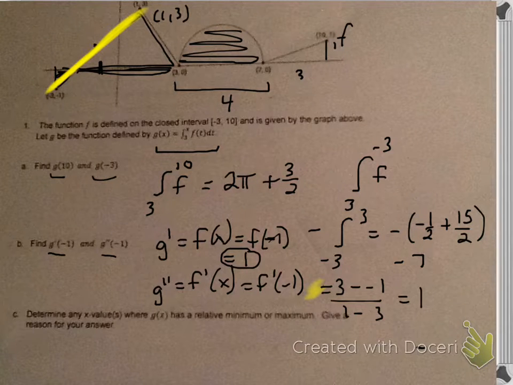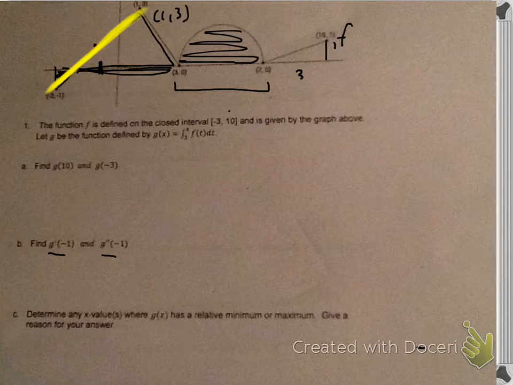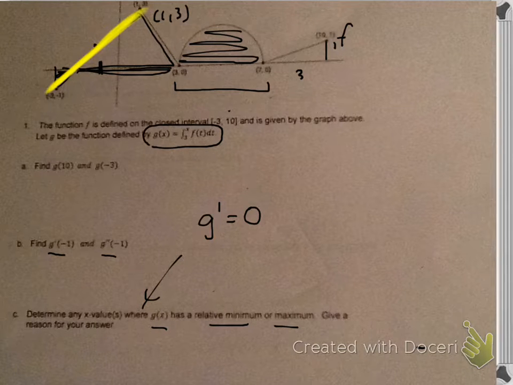For the part C here, determine x values where g of x has a relative minimum or maximum. Give a reason for your answer. Mins and maxes occur when the derivative is 0. We said the derivative of g of x is f of x.